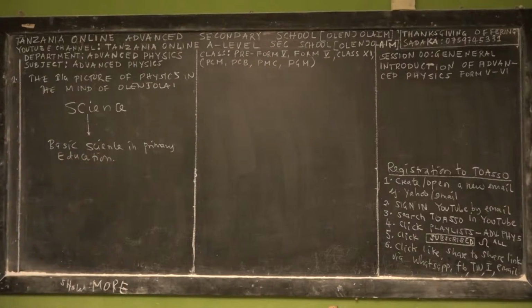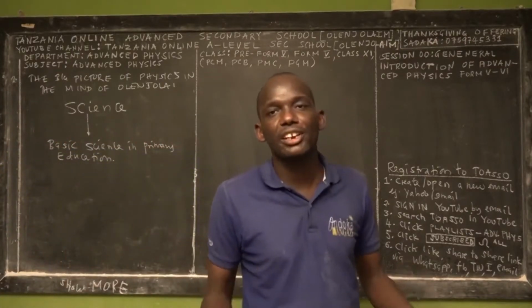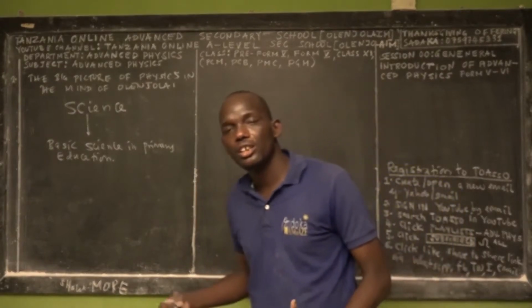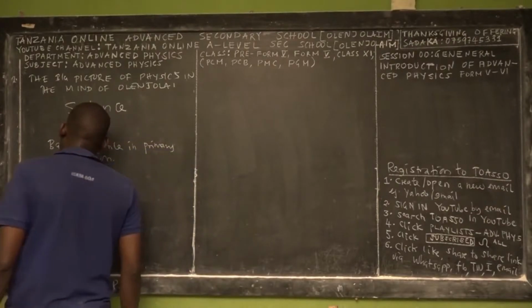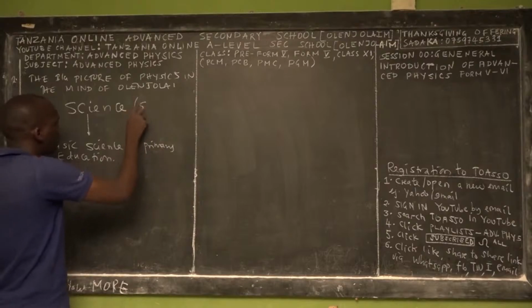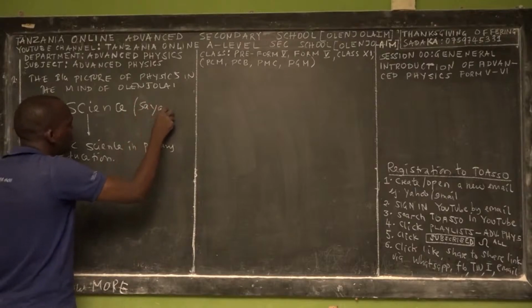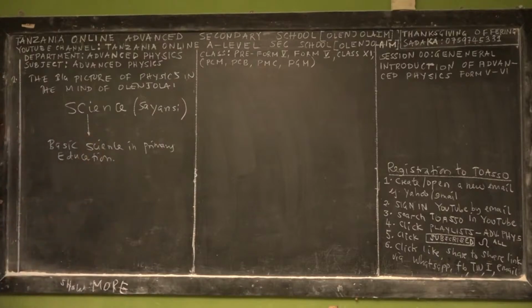In primary education, we learn science in English medium school, and even in Swahili medium primary school, we learn a subject called science. It's really called science. For example, myself, I'm a product of Swahili primary education, so I used to call it science.